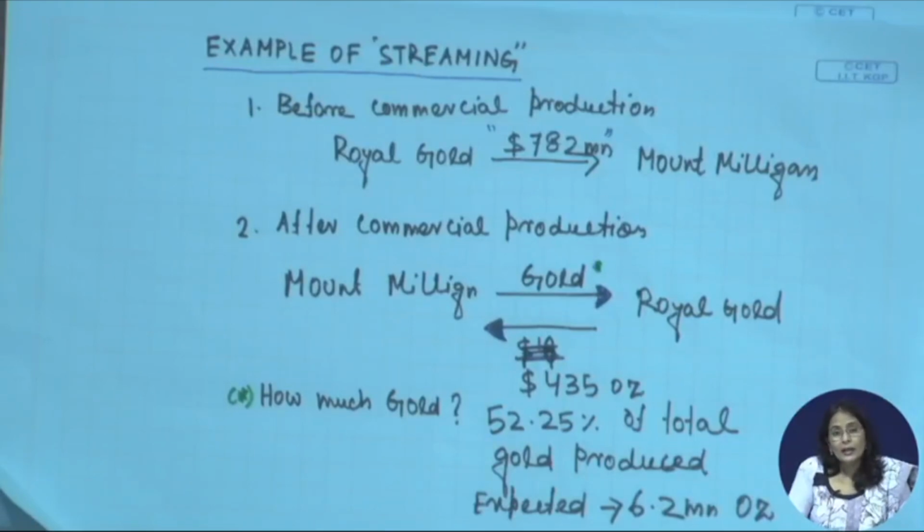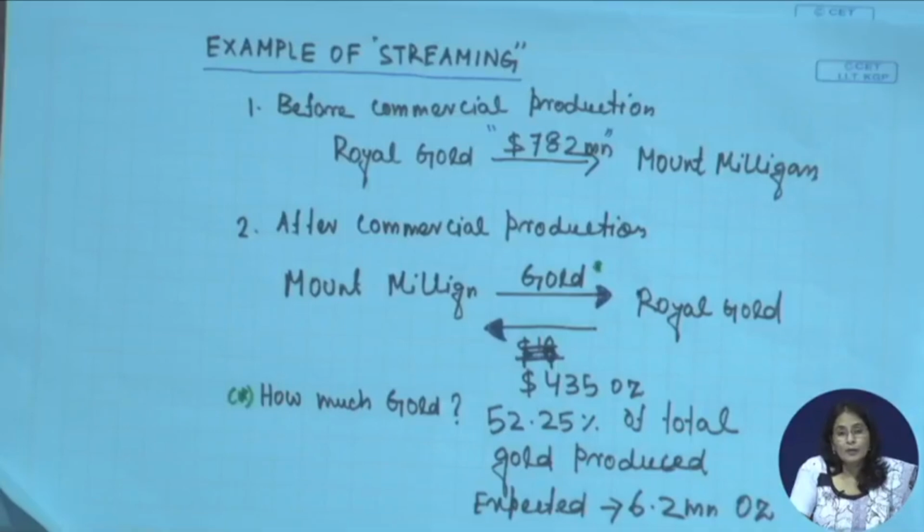Now what is the agreement? Once the commercial production starts, Mount Milligan is going to pay gold, not pay any interest amount or anything. It's going to pay gold to Royal Gold, and how much gold will be paid by Mount Milligan to Royal Gold? It is 52.25% of the total gold which will be produced by Mount Milligan.